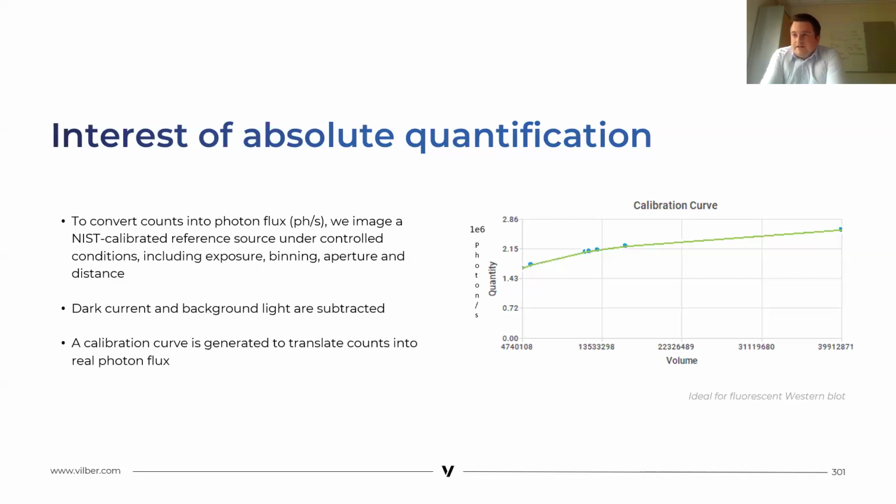We image the NIST calibrated reference, as I said, under controlled conditions like exposure time, binning, aperture, and also distance, so the field of view. And we subtract the dark current and any background light to ensure that only the true signal is measured. And finally, we create a calibration curve, allowing us to translate camera counts, so gray level, to real photon flow values.